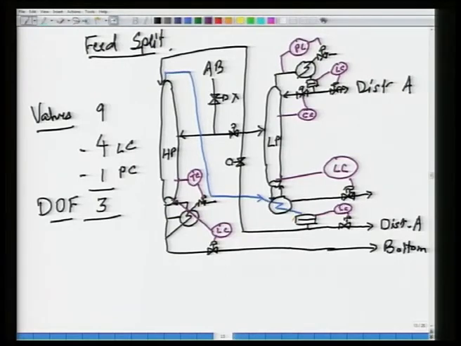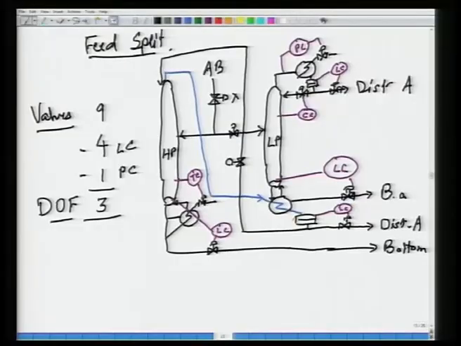I would like to put in only as much feed such that the amount of A impurity coming down in the bottoms stream stays low. This stream is essentially B with some amount of A. If this amount of A starts to go up, that means my bottoms is getting impure. That means I do not have enough reboil here to split it.